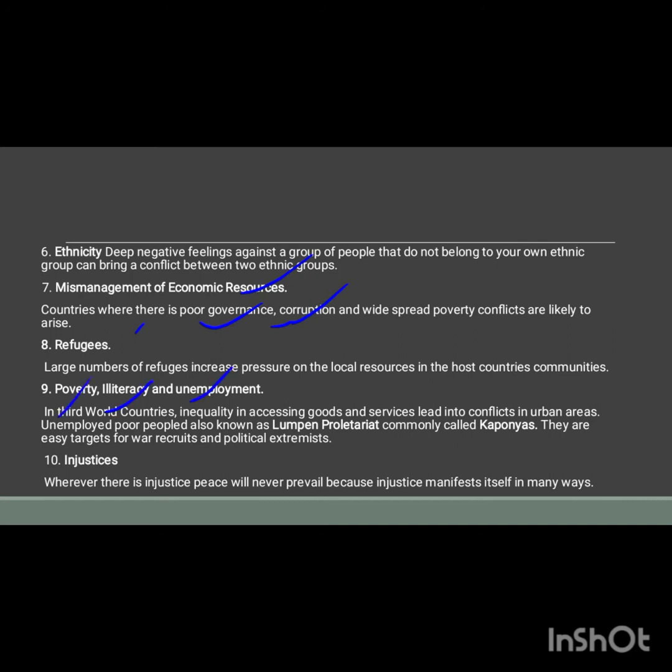Poverty, illiteracy, and unemployment. Poverty, lack of basic needs. So you tend to fight for goods and services so that you sustain yourself as well. Illiteracy, lack of knowledge. Illiteracy simply means lack of knowledge.